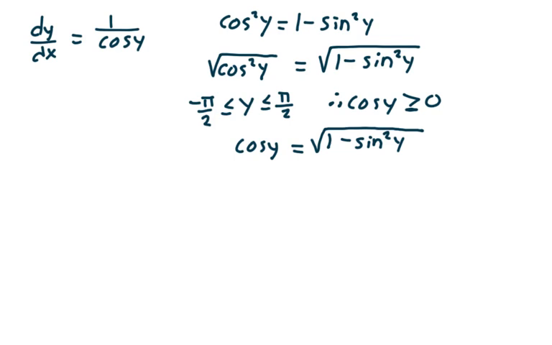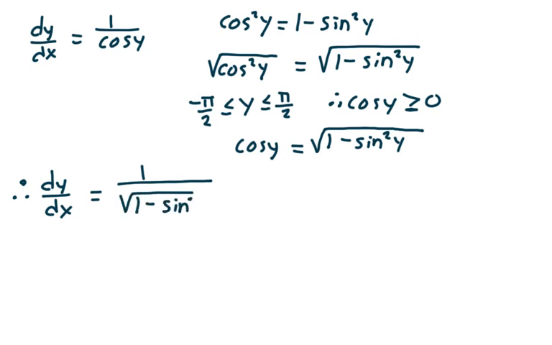And so therefore, coming down here, we can say dy dx is 1 over the square root of 1 minus sine squared y. But x equals sine of y.